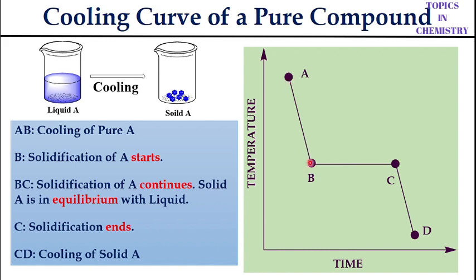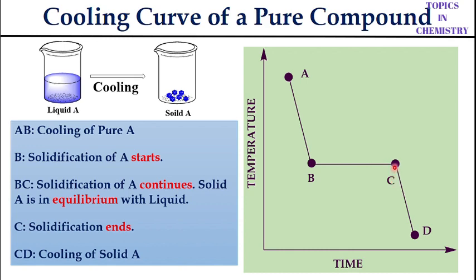Through the AB curve, the cooling of liquid A occurs. Point B stands for the start of solidification of A, through BC the solidification of A continues, and here you can see solid A. Remember, here solid A is in equilibrium with liquid.